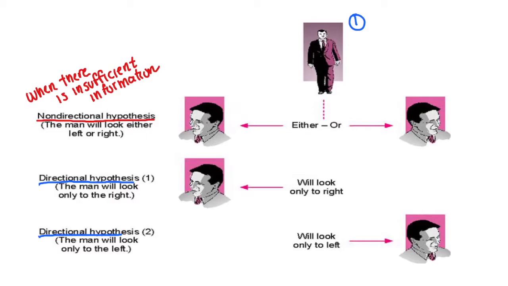But on the flip side, we use a directional hypothesis when there is sufficient information to indicate what the outcome may be. And so remember that sufficient information is going to come from the literature that we're looking at. It's going to potentially come from a personal experience that we've had, or maybe the experience of someone else.